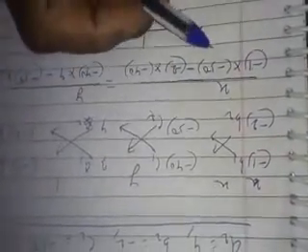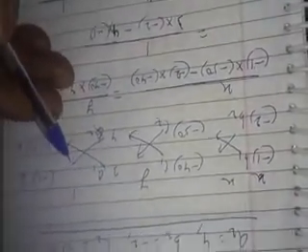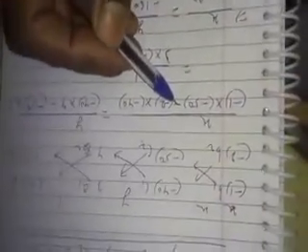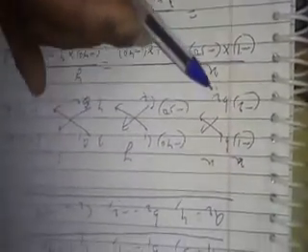Now we will do the cross multiplication and write the corresponding values over here. B1 multiplied by C2 will give us minus 1 into minus 50. Now there is a minus sign, and B2 will be multiplied by C1.